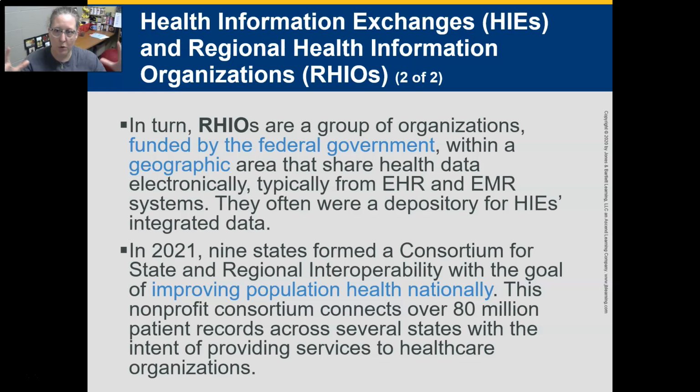So they're a little bit larger, like a regional thing. And so in 2021, 9 states formed a consortium for state and regional interoperability with the goal of improving population health nationally. So the ultimate goal would be that it wouldn't matter where you went in the U.S.